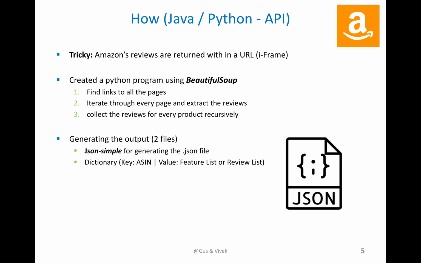The second aspect of it is, the first was extracting the features of the product. The second is the customer reviews, which is not as straightforward. When you're pinging Amazon, what they return is not a list of reviews, but actually a URL where the reviews are housed, and all the features are contained in an iframe.